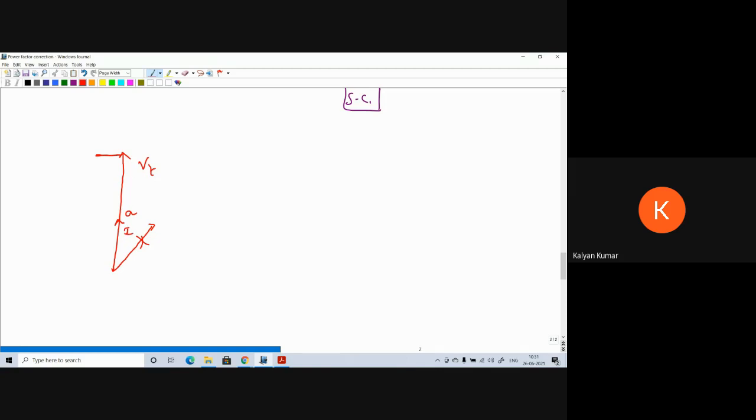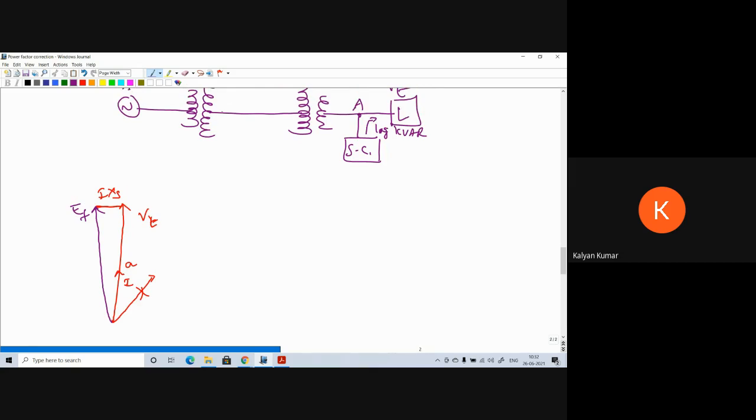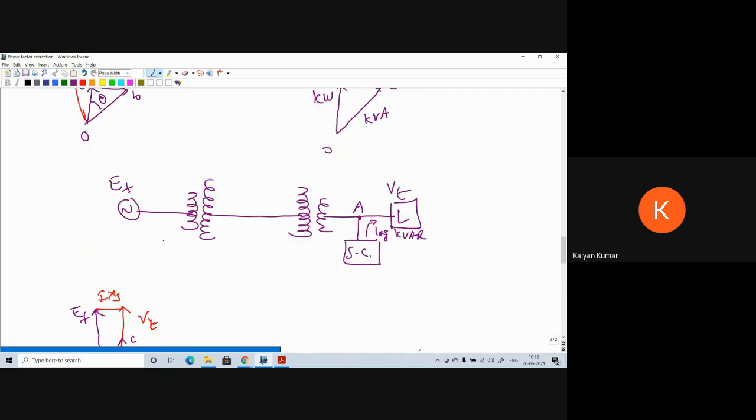As current and voltage are in phase, it will be perpendicular to voltage also. So this gives the I X drop, and this gives EF.